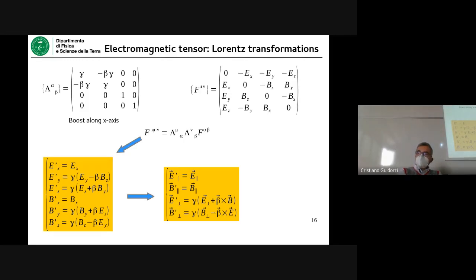The title of that incredible paper, one of the most important papers ever written in the history of physics, was in German: Elektrodynamik bewegter Körper, which means electrodynamics of moving bodies.